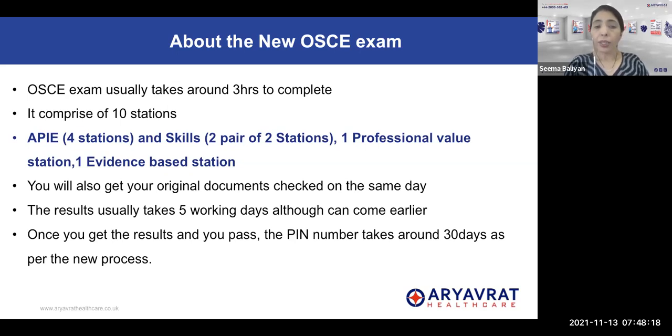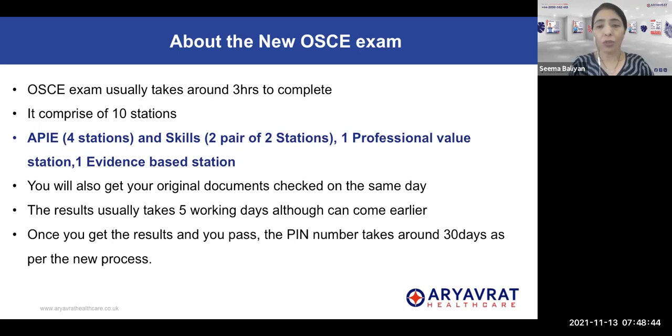Result normally can take up to 5 working days, although majority of the time it comes before that. You will get an email saying what your result is. You can also check your NMC portal because the result is also updated over there. Once you pass your OSCE exam, you are then put up for the issuance of the PIN number.